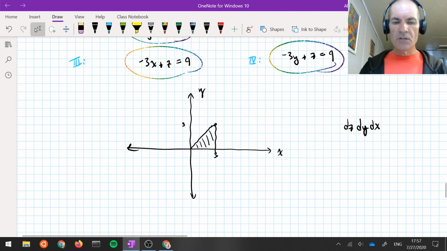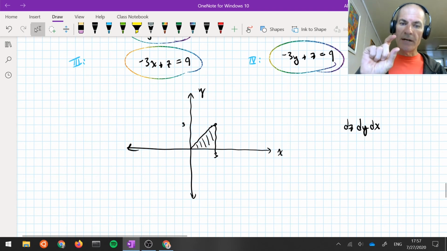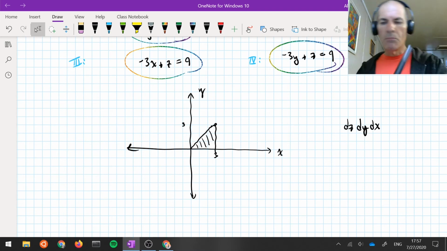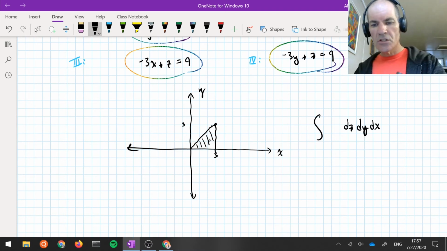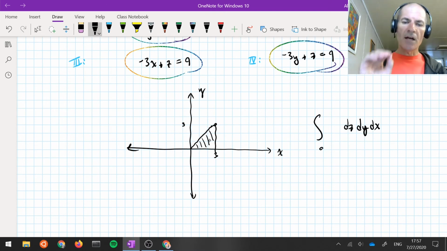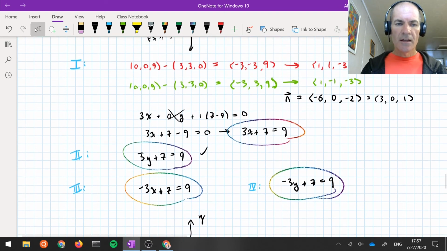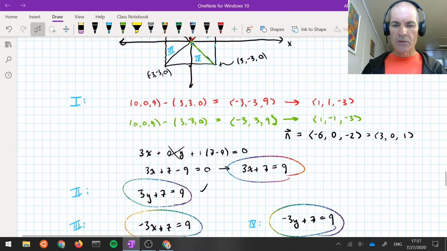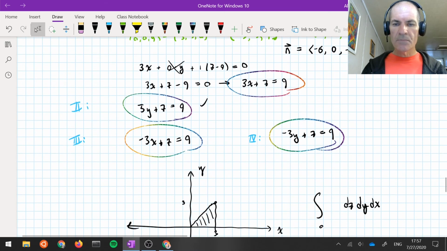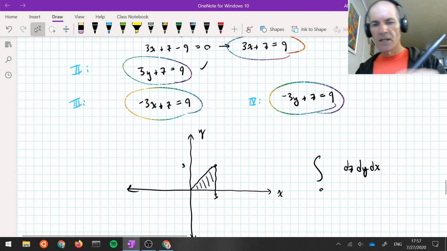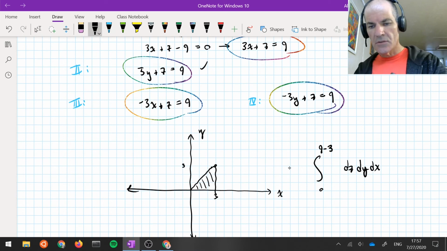Why did I choose z first? Because I'm going to go along line segments that are parallel to the z-axis. The bottom of such line segments always starts at z equals 0, and the top always goes up to the equation of the plane representing this face. That's the first one that we came up with, 3x plus z equals 9, or solving for z, 9 minus 3x.